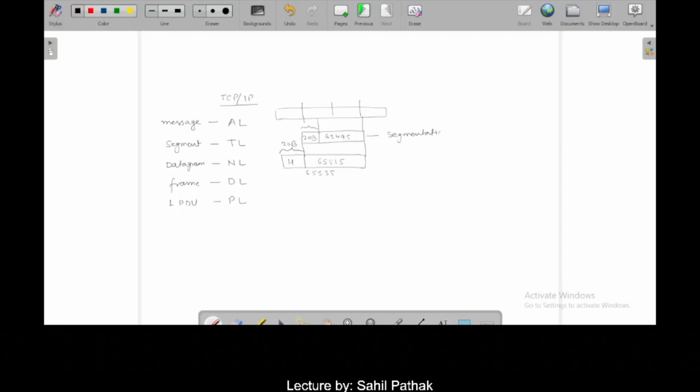That is, segmentation is dividing the message into segments in such a way that the size of the segment could easily fit in.